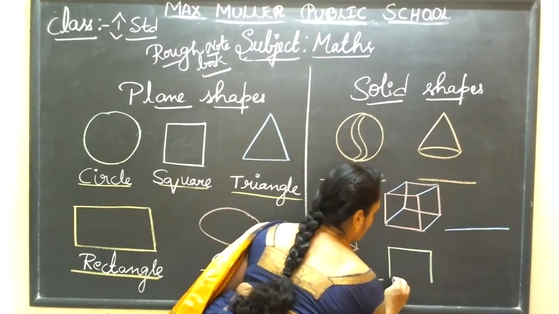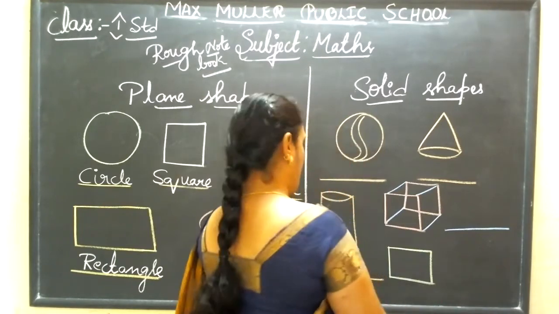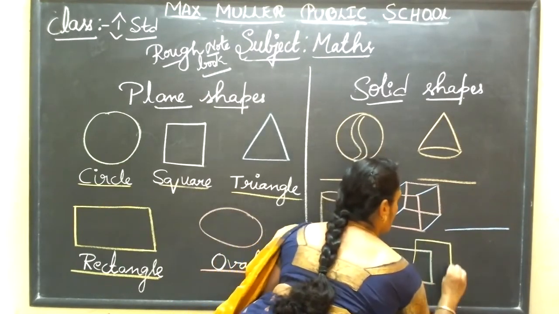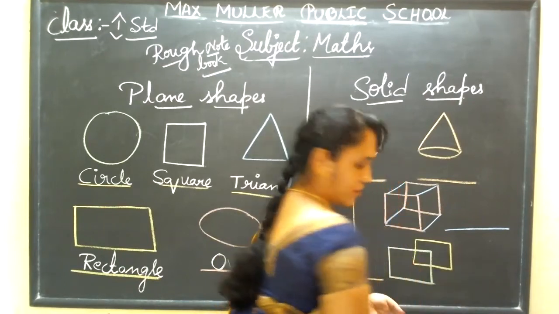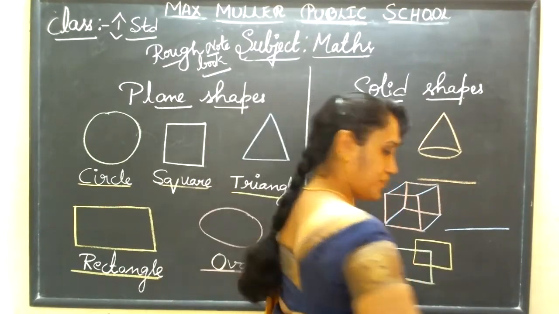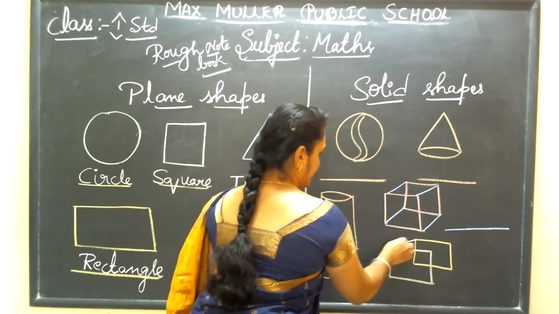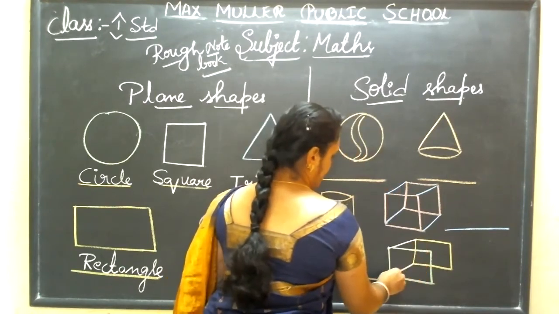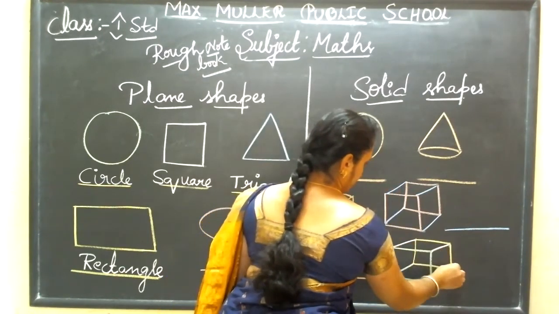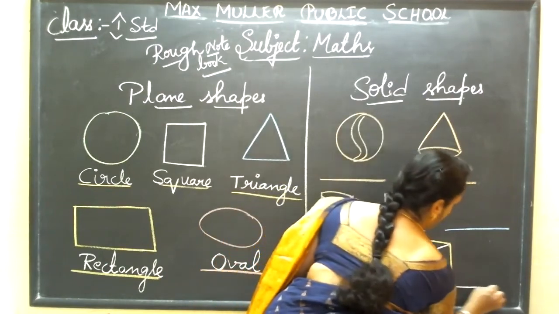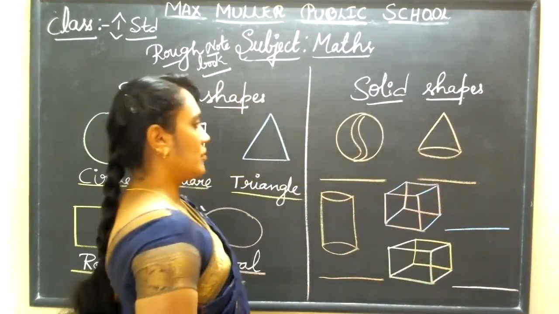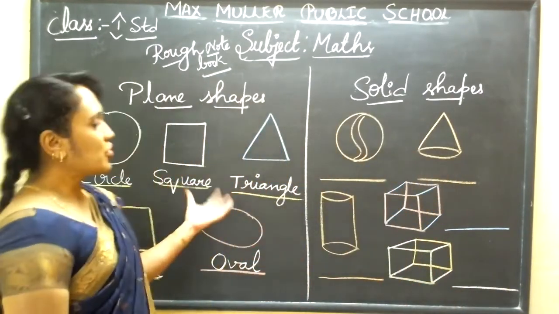To draw cuboid, you draw two rectangles. This is cuboid. Okay.